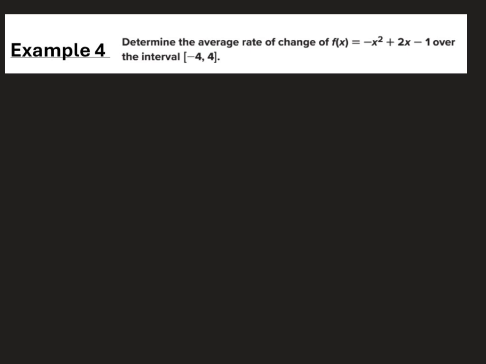So what we're going to do: f of b minus f of a over b minus a. So I am going to substitute positive 4 in for x. Then I'm going to substitute negative 4 in for x. And then I'm going to substitute positive 4 in for b and negative 4 in for a. So let's do that.